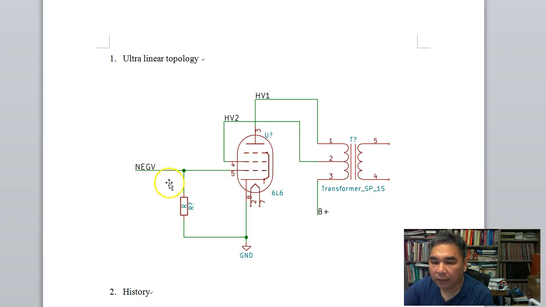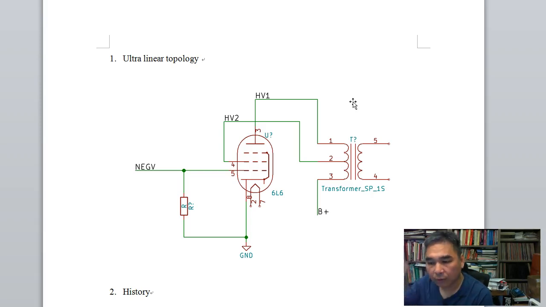And when there is a signal swing on the grid, the voltage of HV2 will be set by the voltage on HV1 with a percentage, a scaling factor.